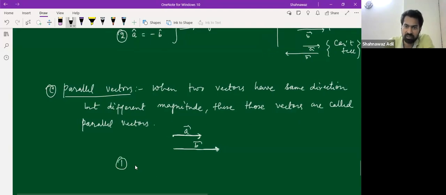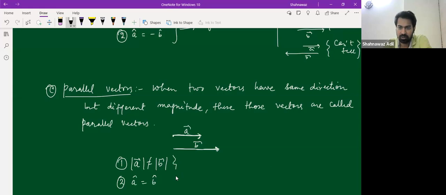Mathematically, we can represent this: A magnitude is not equal to B magnitude, but A hat is equal to B hat. So diagrammatically you can figure it out. Just note it down, and then we will understand the next type.